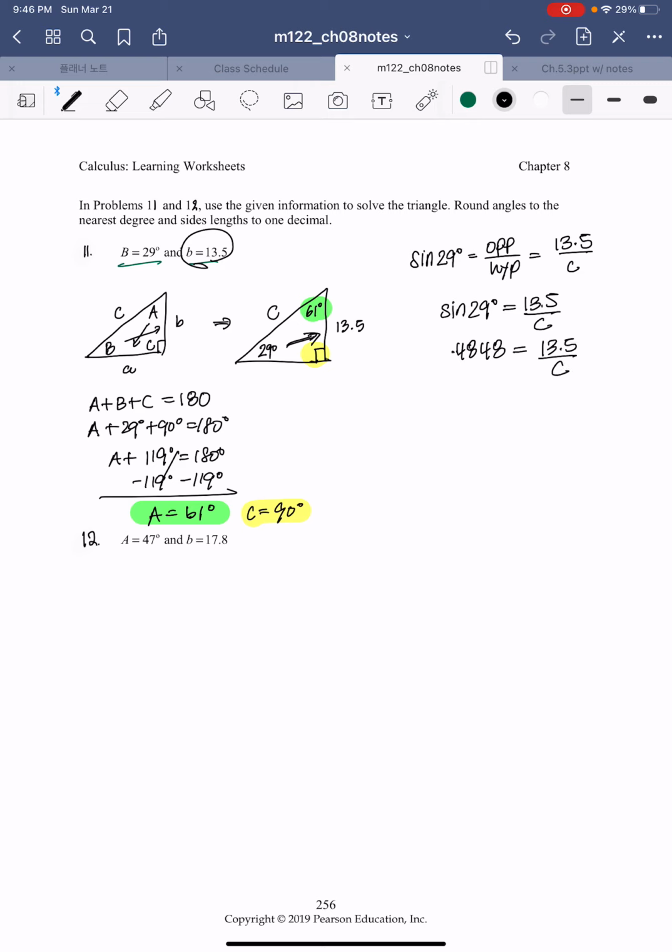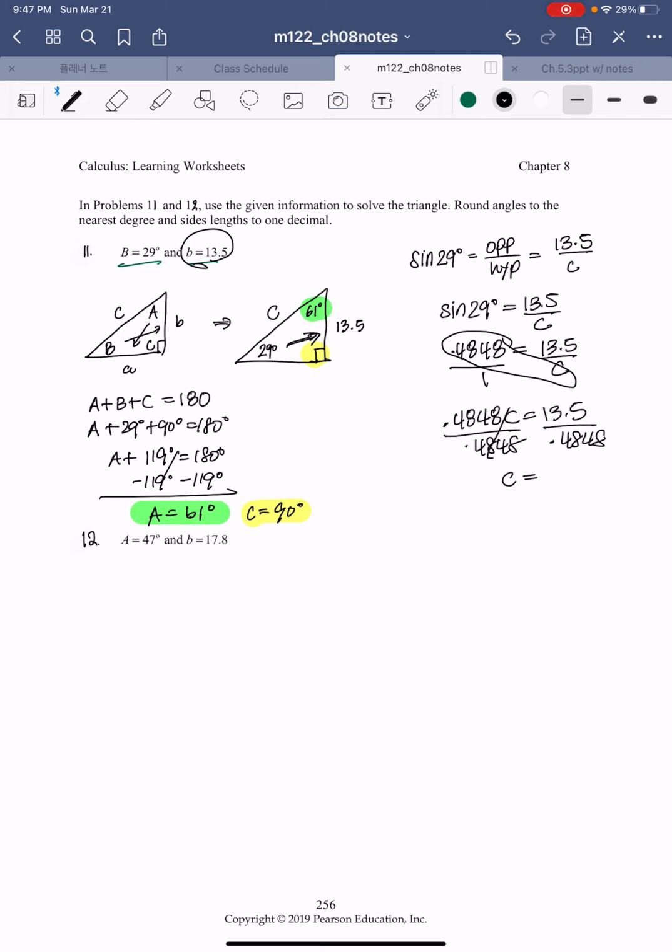13.5 over C. Now in order to solve for C, I'm going to use cross multiplication. So 0.4848C equals 13.5, then 13.5 divided by 0.4848.